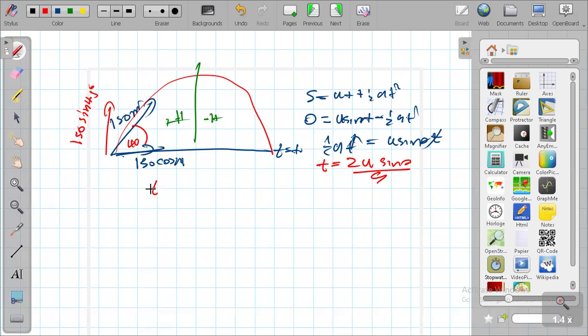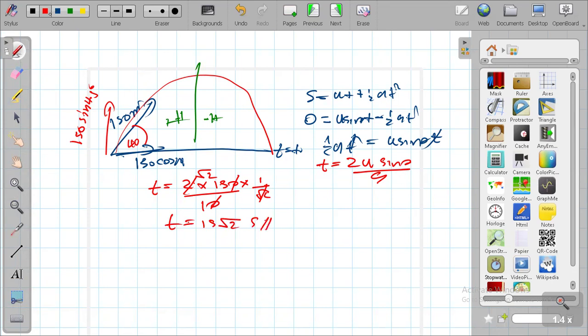Now I have to substitute the values. u is 150, sine 45 is 1 over root 2, and dividing by 10 cancels. The root 2 cancels easily. So the time is 15 root 2 seconds.